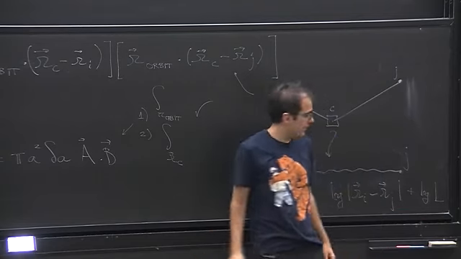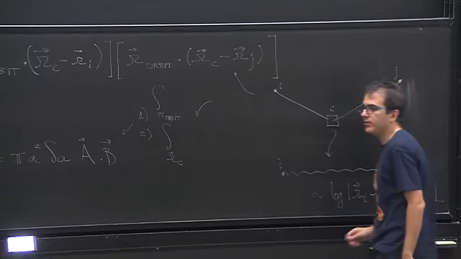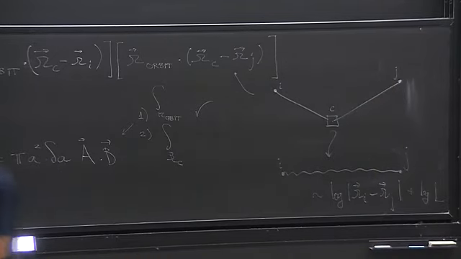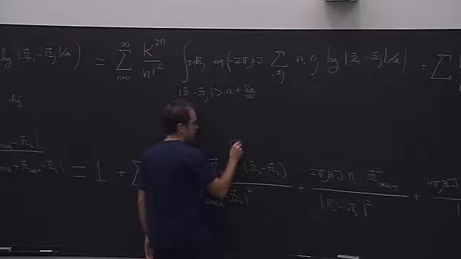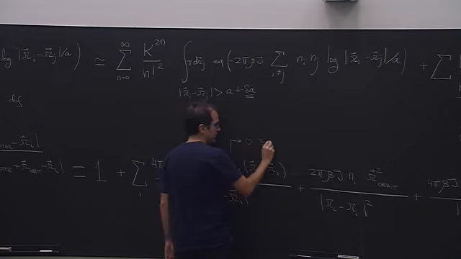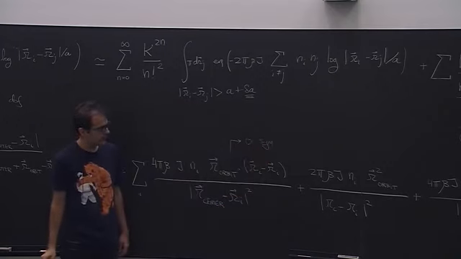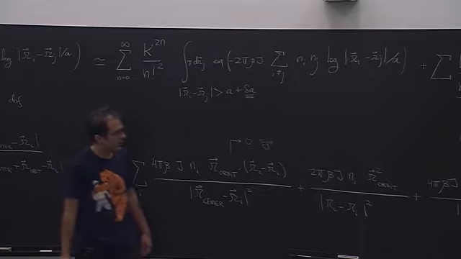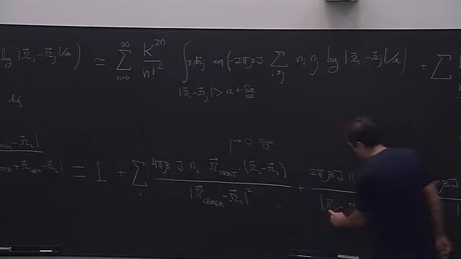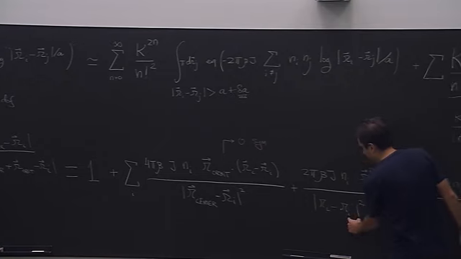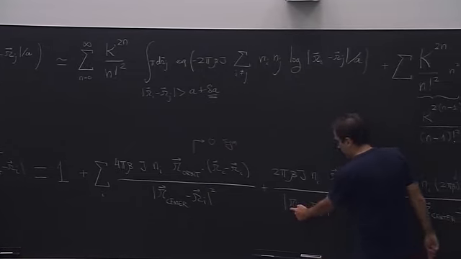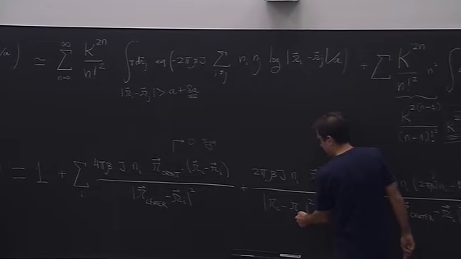And the claim is that most terms in this expansion cancel. So let me tell you how. So this one is just 0 by symmetry. Okay. This one, I integrate over the center. I go to radial coordinates. And you see that if I go to radial coordinates, what will this term give me?